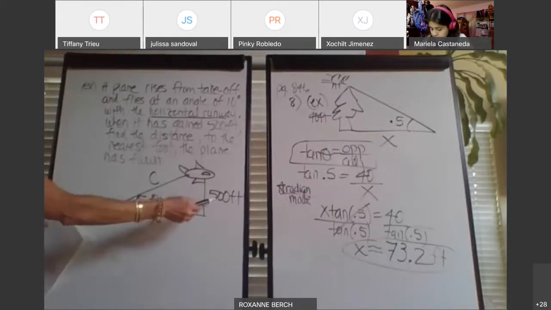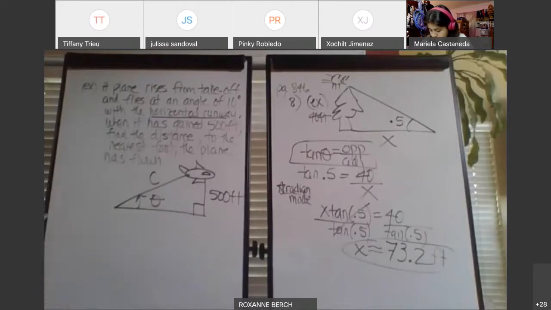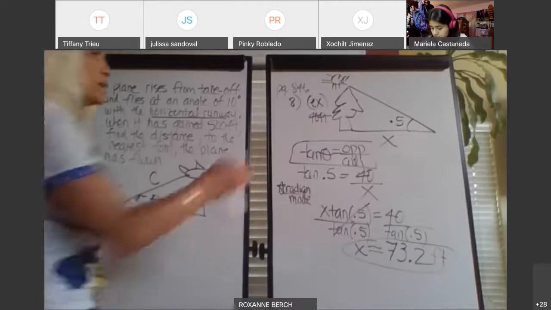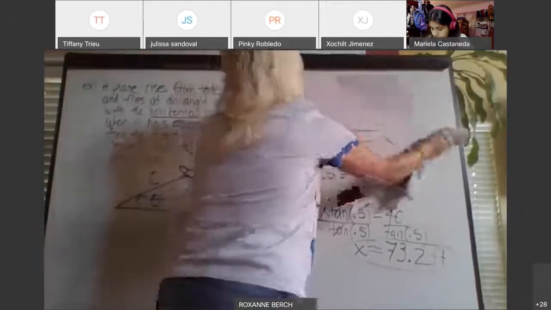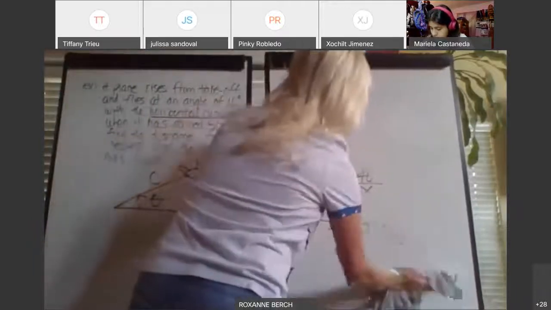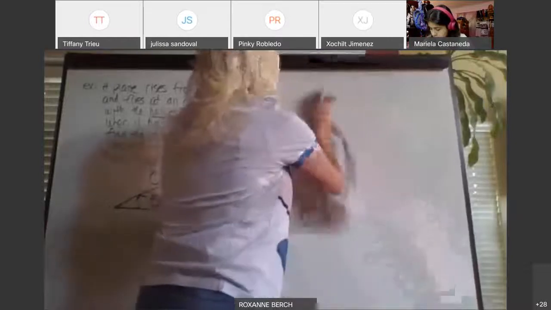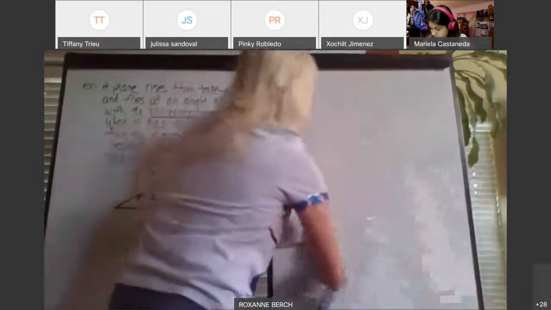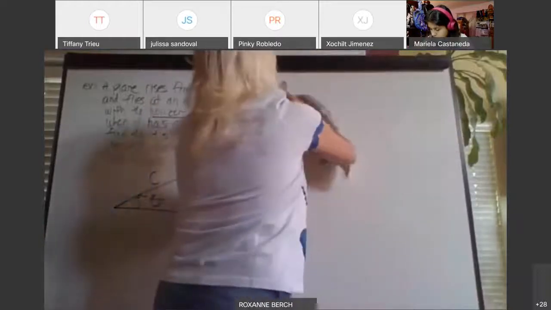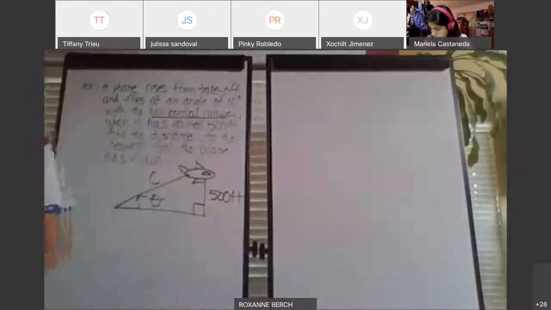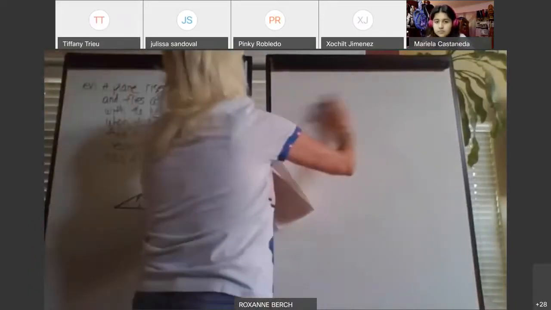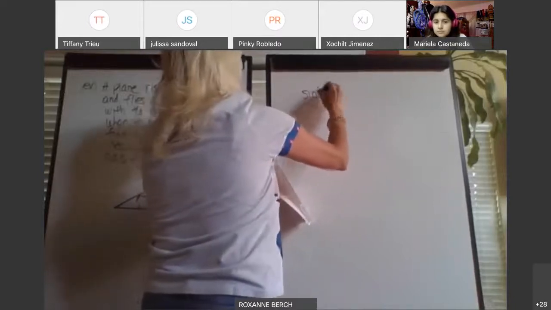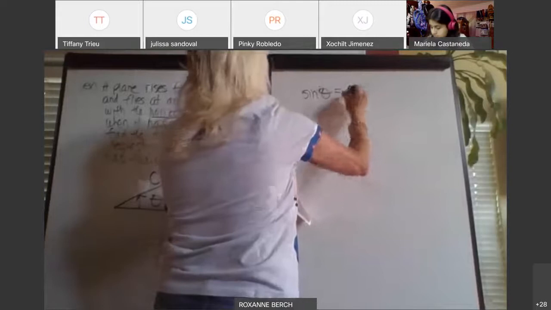They're giving you opposite and hypotenuse. So what do you want to use, sine, cosine, or tangent? You want to use sine, right? Opposite over hypotenuse.